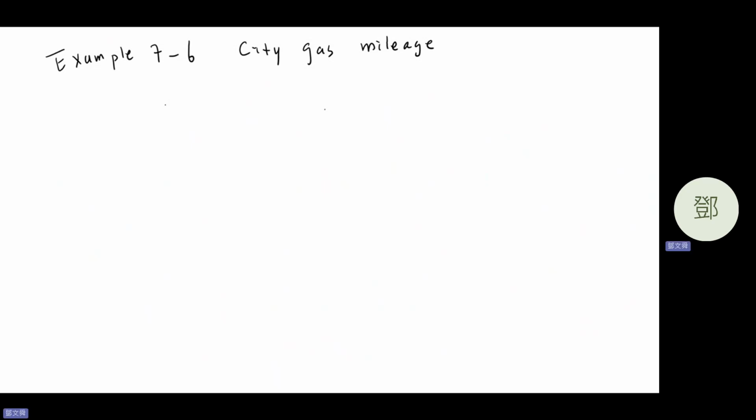Why? Because you have to stop and go, which is very gas consuming. But if you go to the highway and drive, then the mileage can be very high.